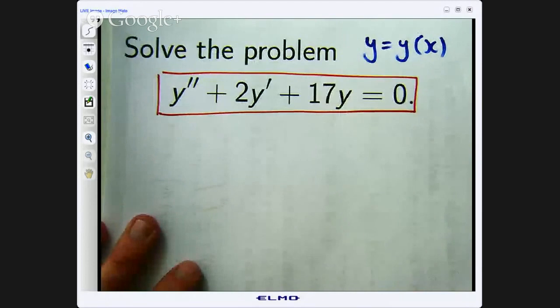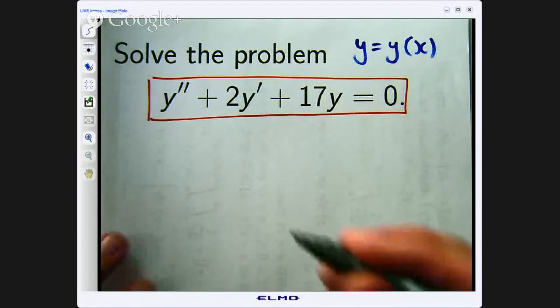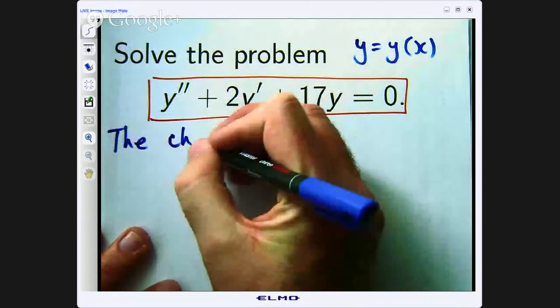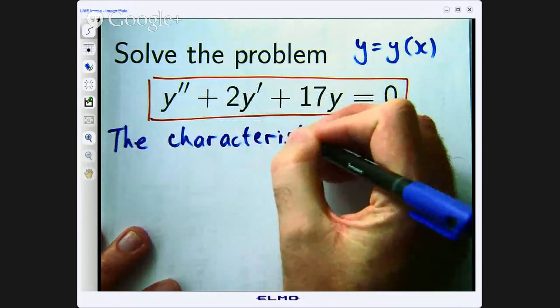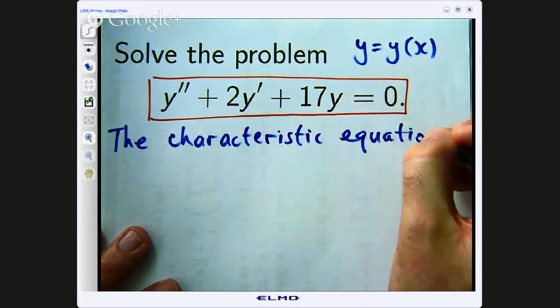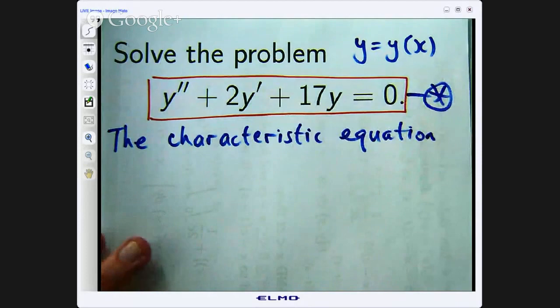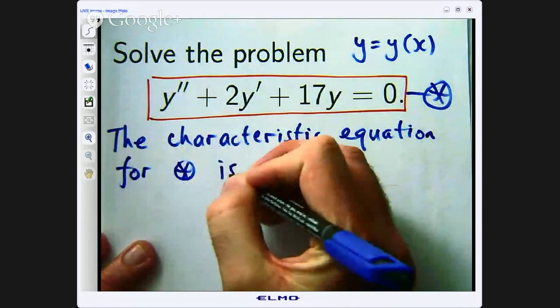Well, one quick way is to use the following idea. We form a quadratic equation called the characteristic equation, which is just a quadratic. Call that star. So what do we do?